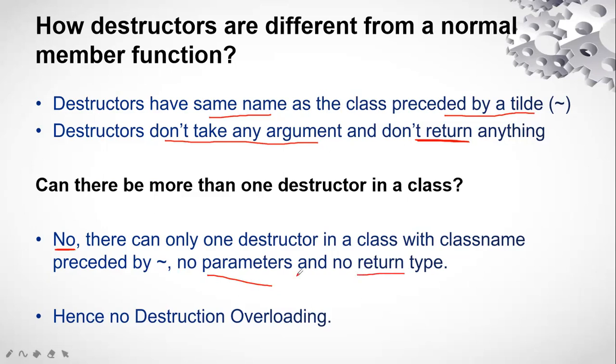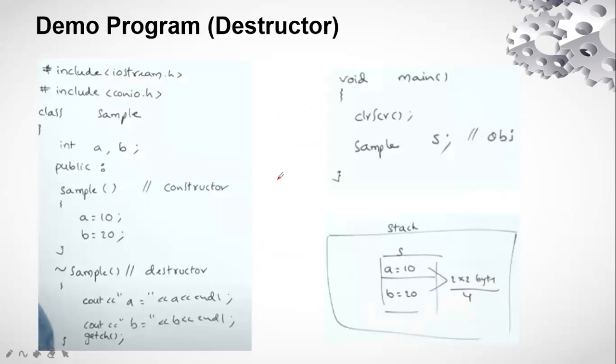That means destructors do not support overloading. Constructor overloading can be done, but no destructor overloading. How can constructor overloading be done? Constructor overloading can be done with the same name but different parameters. We have already done this topic in the earlier sections.